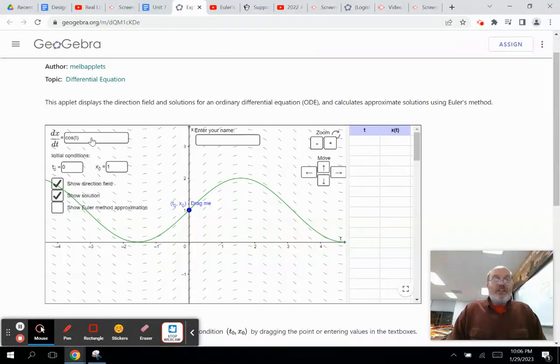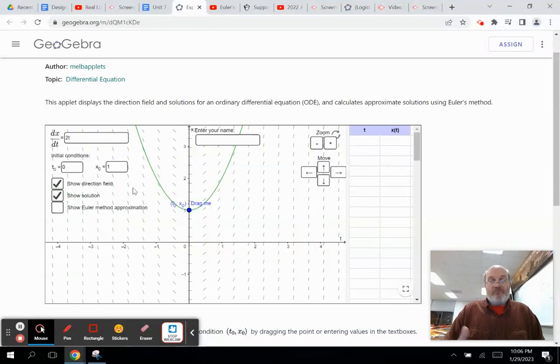And the little applet that we just used has an Euler's method approximation and shows you how it works. So let's go back to one of the functions that I started with, x of t equals t squared. Its derivative was 2t. When I put it in there, it gives me this solution. This time it has the original point at 0, 1, so it's moved up on the x-axis.